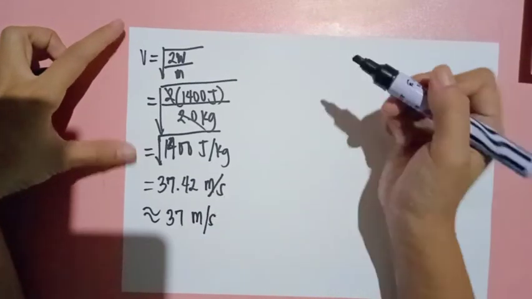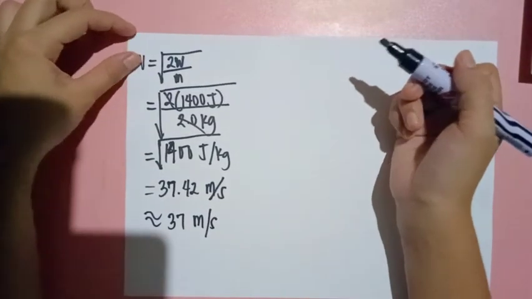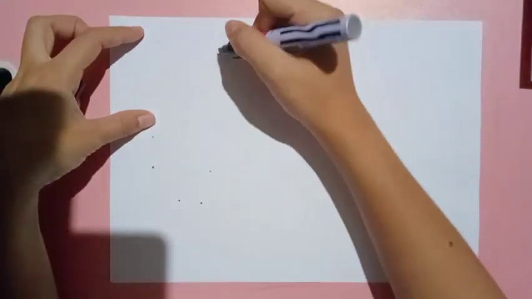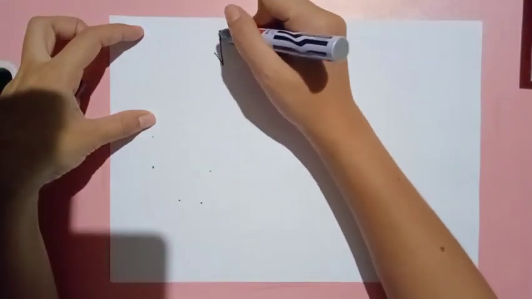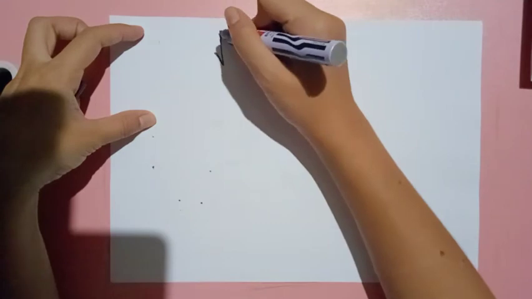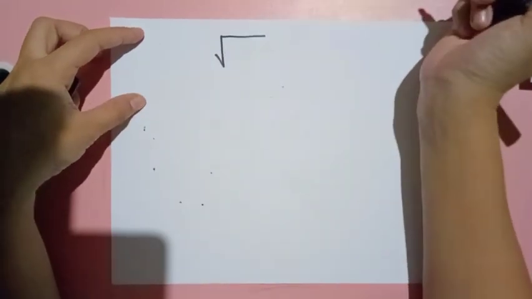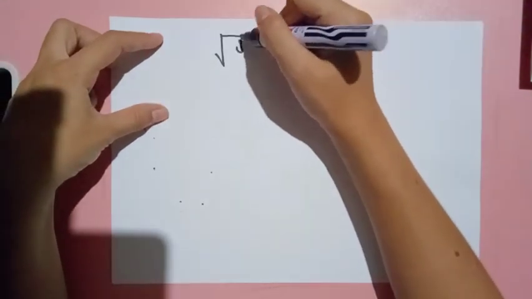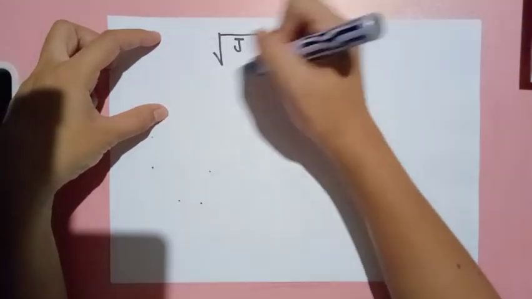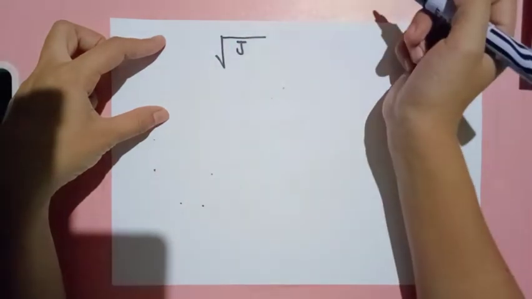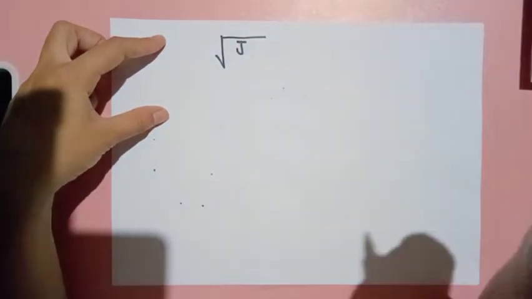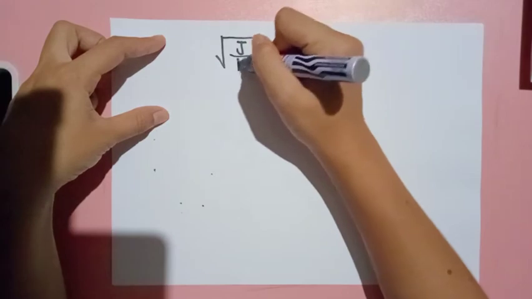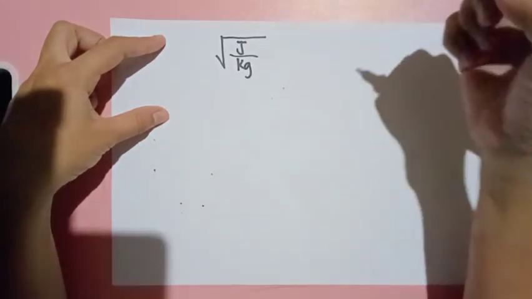Okay, how did we get meters per second? As for the unit, square root of joules per kilogram. So I'm going to show how we came up with the unit meter per second. From our answer, which is 1,400 joules per kilogram, we're only focusing on the unit here.